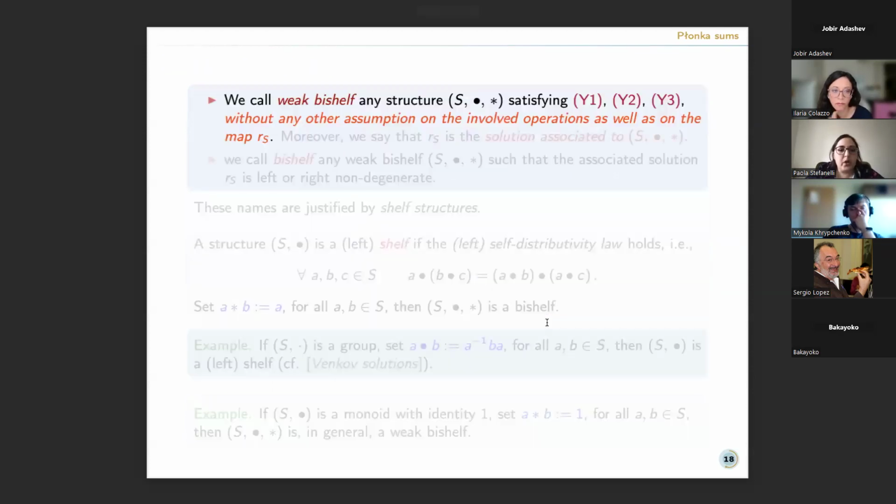So we call weak bi-shelf any structure (S, ·, ∗) satisfying only the conditions Y1, Y2, Y3, without any other assumption on the involved operations, as well as on the map R_S. Moreover, we say that R_S is the solution associated to this structure (S, ·, ∗).